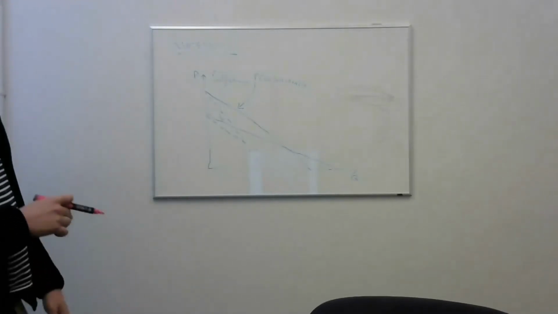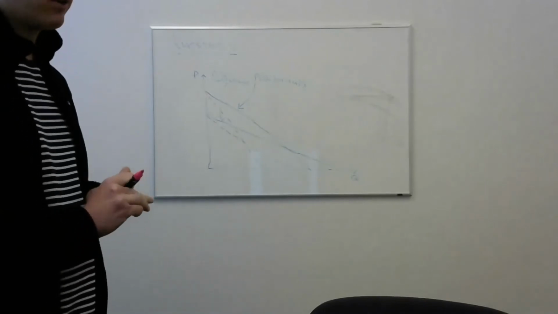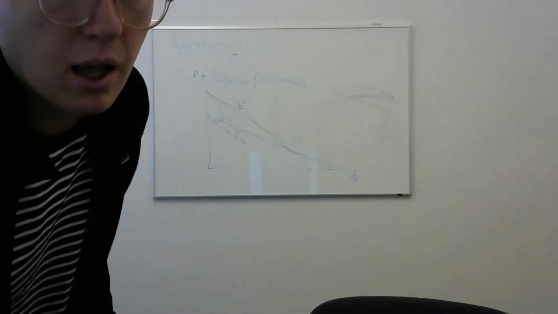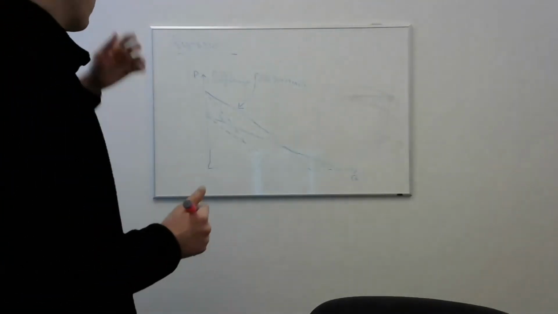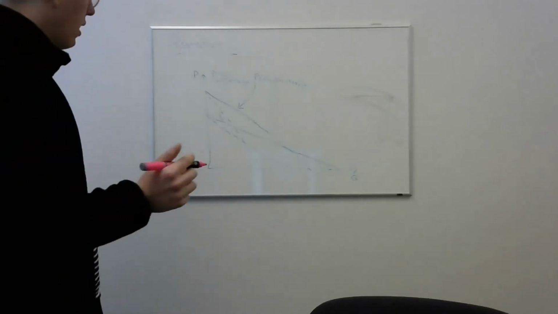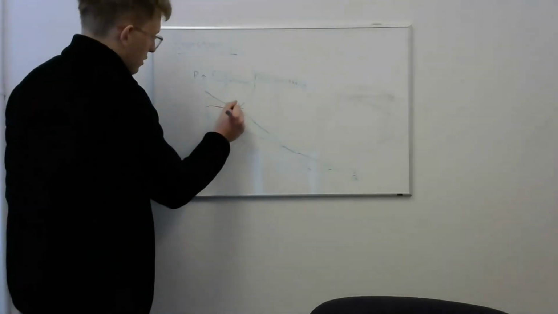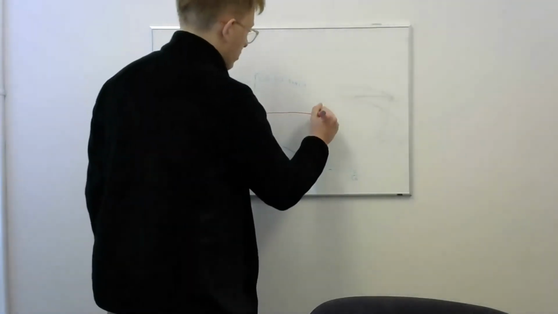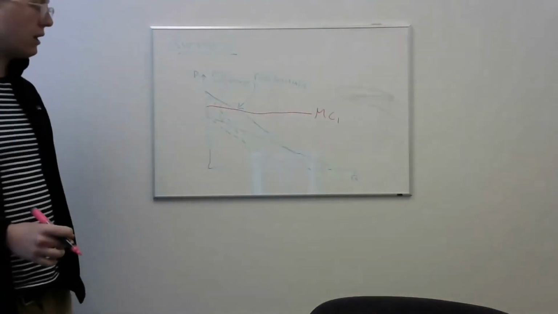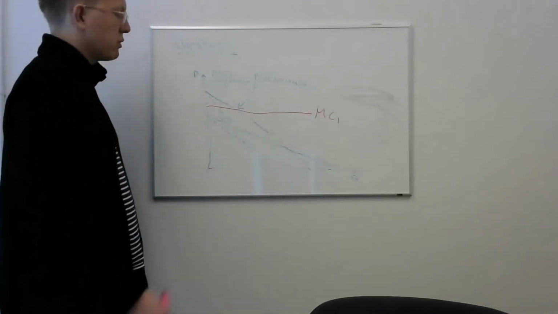And so what we want to do is draw 3 firms, some of which are going to exit, some of which are going to expand, and the other of which is just going to shrink. So let's draw a case of a firm that will exit when it opens to trade. So suppose that this is my marginal cost of firm 1. Marginal cost is just fixed. It's just a number, and so it doesn't matter how much we produce.